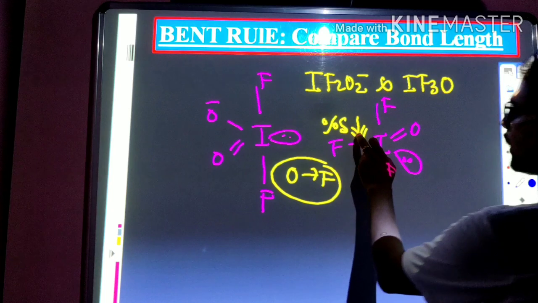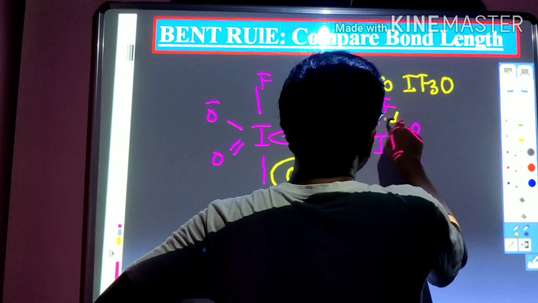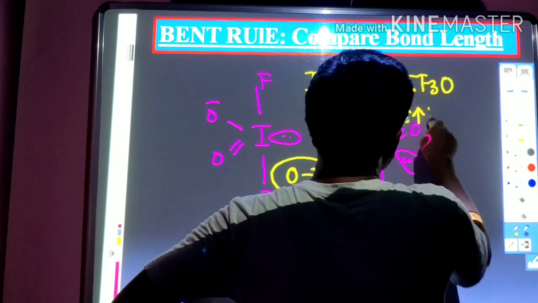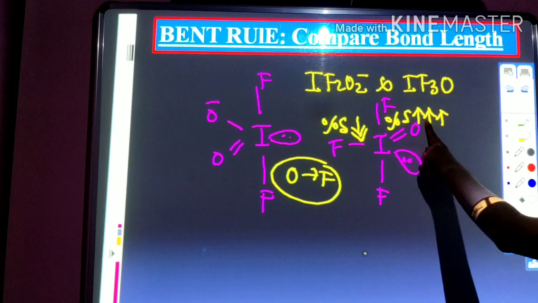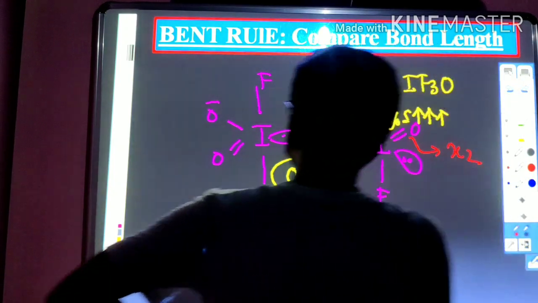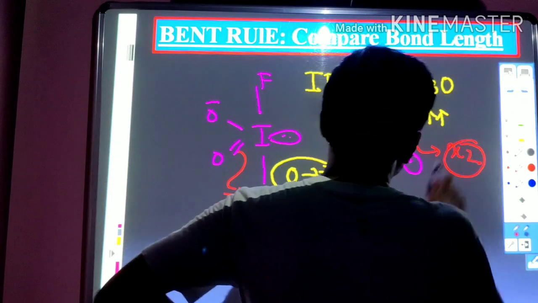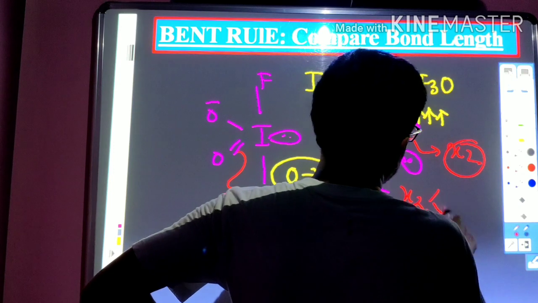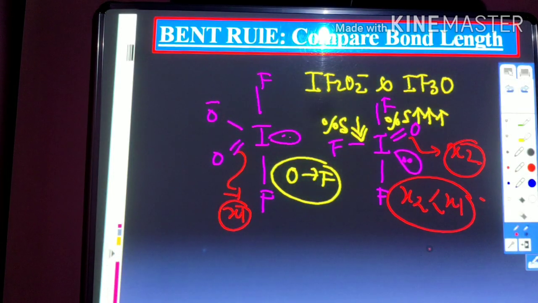If percentage of S character here decreased, means here percentage of S character will be increased compared to here. So if this bond length is x2 and if this bond length is x1, then what will happen? See, x2 is less than x1. Okay, no problem. Clear? Okay, perfect.